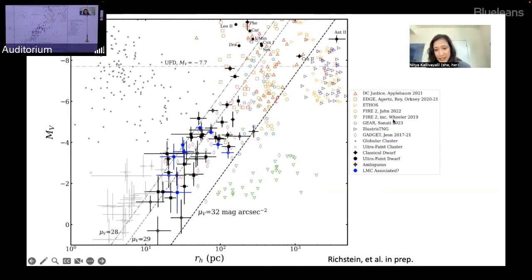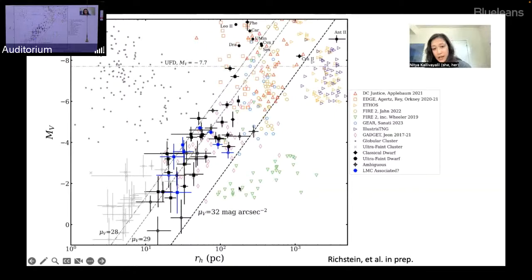The legend, obviously you can look at the slide in a little more detail than I have time for right now, also shows some ETHOS points. These are actually alternative dark matter models, specifically a bunch of self-interacting dark matter models that live up here.